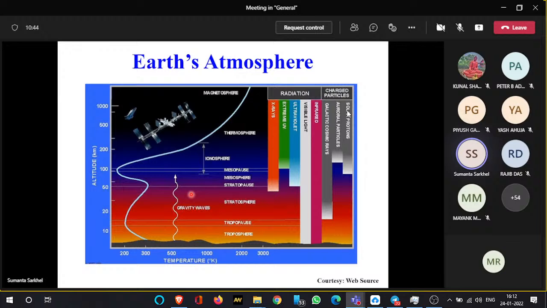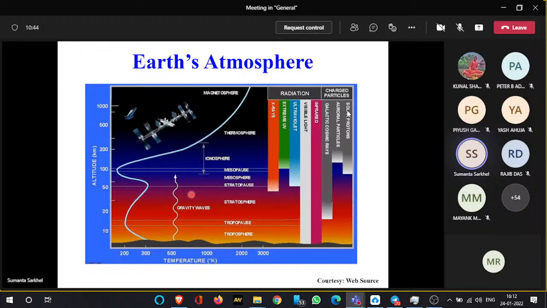Intergalactic cosmic rays are different; they come from outside the solar system. Auroral particles and solar protons come from the sun only. And the radiations, like gamma rays, X-rays, extreme ultraviolet, ultraviolet, visible, infrared, radio waves, and so on, are all coming from the sun.